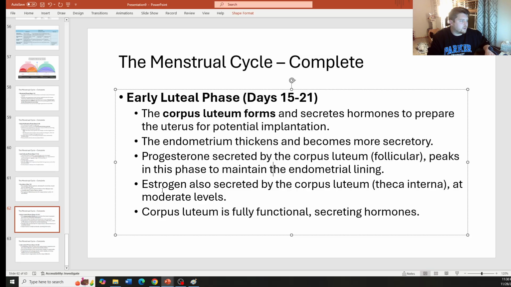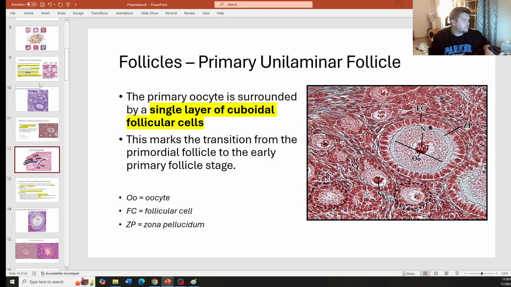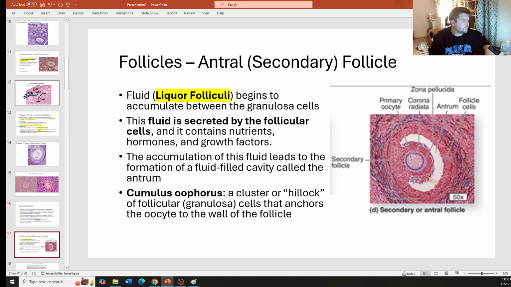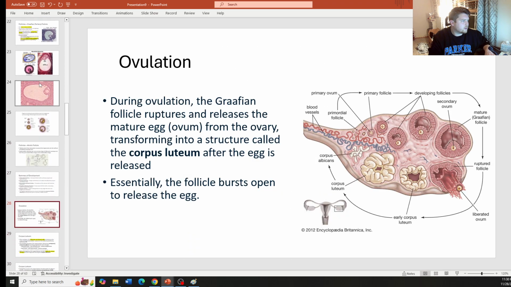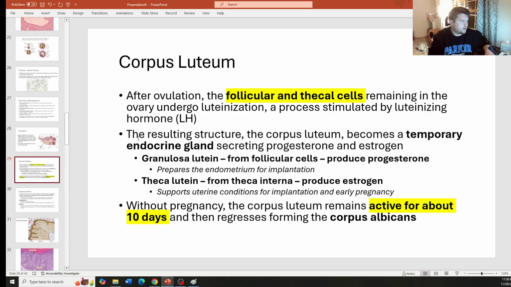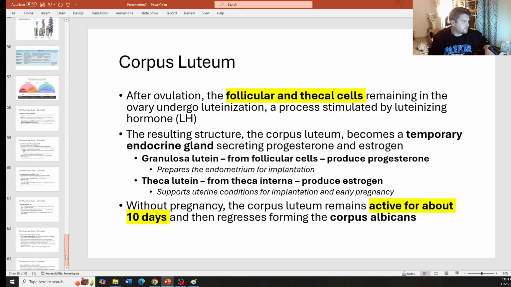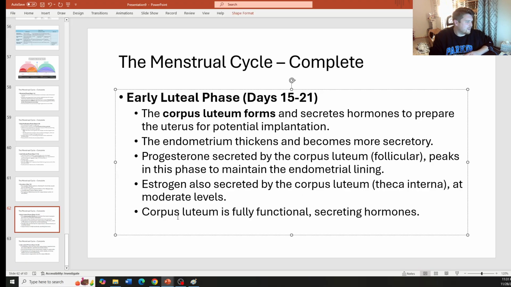The theca interna produces the estrogen. Progesterone, follicular cells. Good. Had wanted to make sure we're all good there.